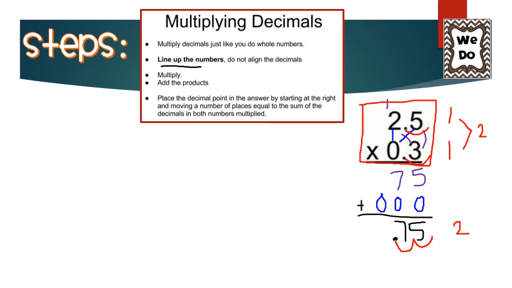Look at how different our number would be if we started at the left and put our decimal point in. If we started here and went 1, 2, our answer would still be 75, and that is not reasonable. So make sure that you start at the far right and you move your decimal places to the left, and we come up with 0.75.